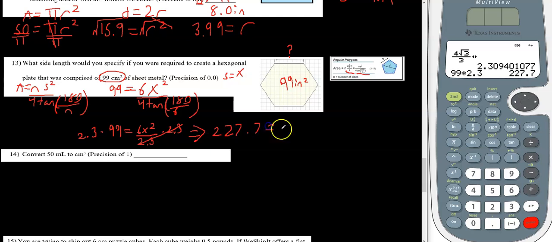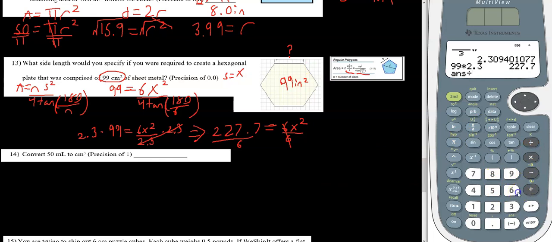227.7 equals 6x squared. And then we can simplify further by dividing by 6 on both sides. And I'll divide by 6 over here. That cancels out. And what is 227.7 divided by 6? I get 37.95.